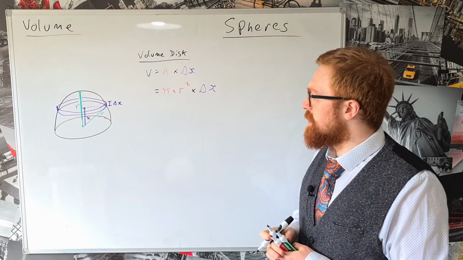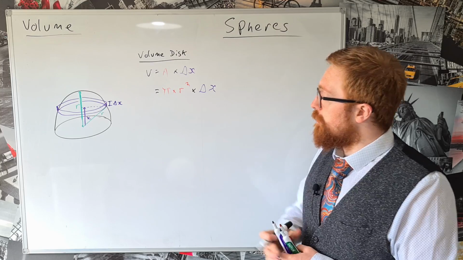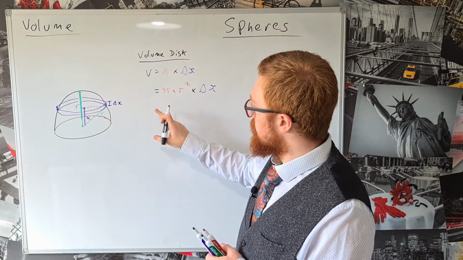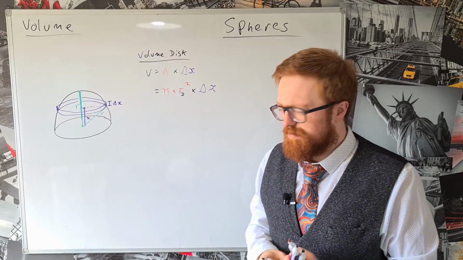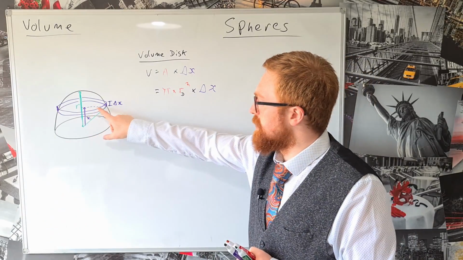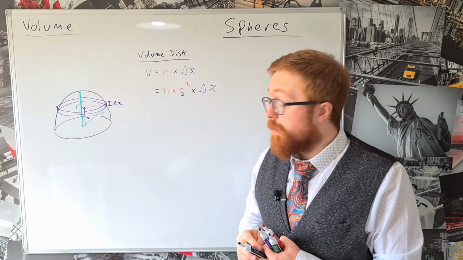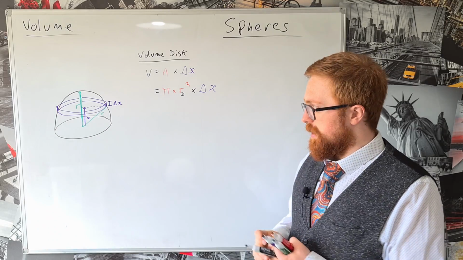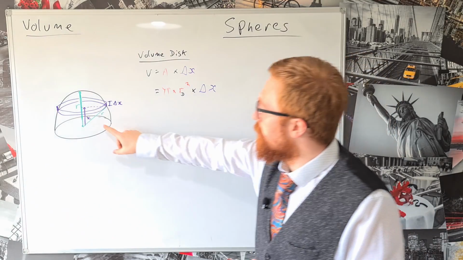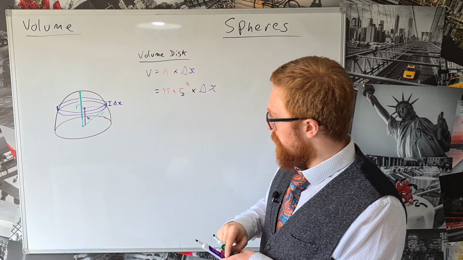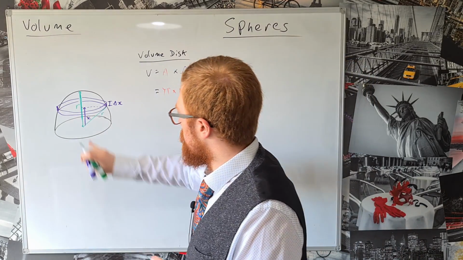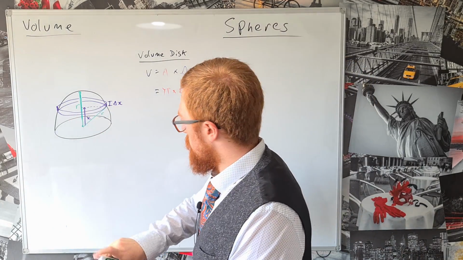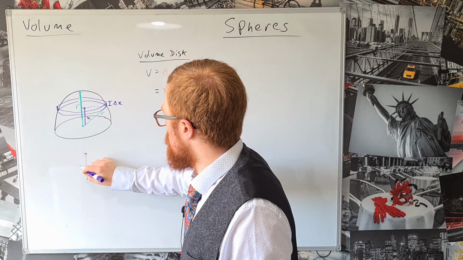Now, to work out the radius of the disc, I might just say RD for our disc, what we're actually going to do is use a little bit of Pythagoras' theorem. So if you look here, and I might just draw this out again to make it really obvious, we have a right angled triangle here, and that is x tall.